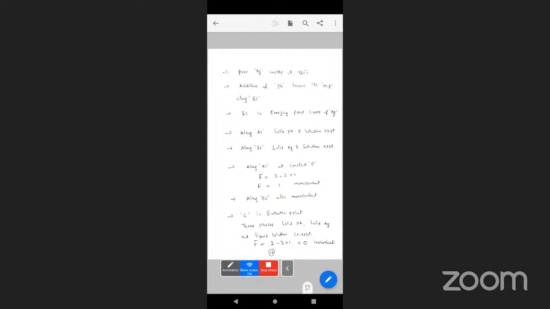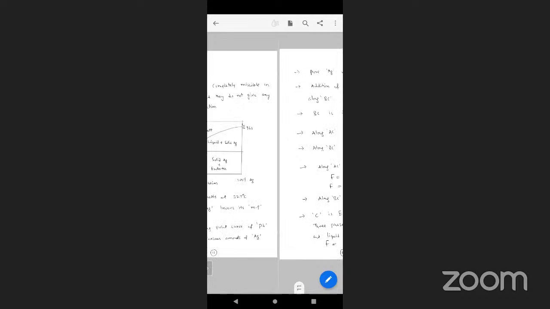And C is the eutectic point. The three phases, solid lead, solid silver, and the liquid solution coexist.